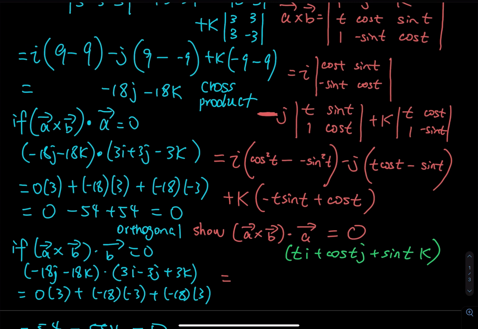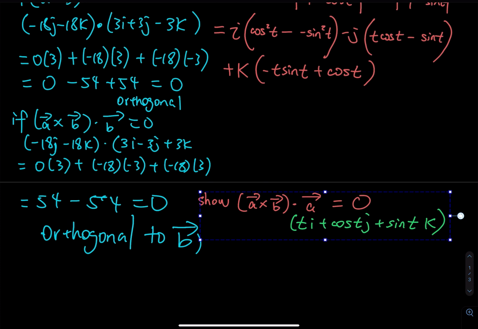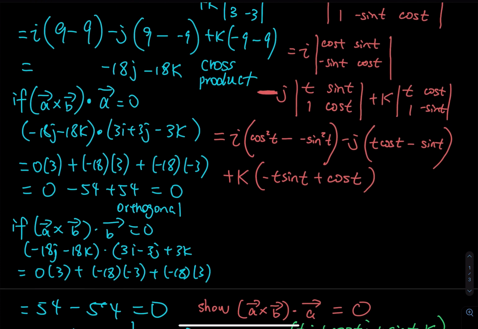Oh, you know what? Everything I wrote so far is not a mistake. What I should do more is simplify the cross product. Nothing is a mistake. I will just copy this and then move this down.